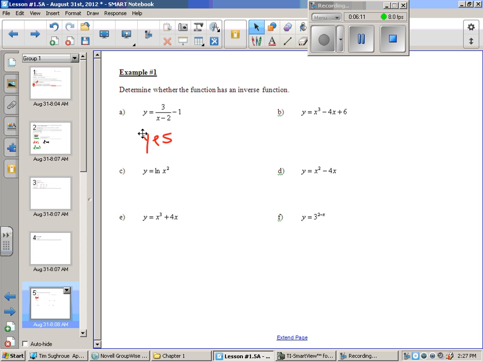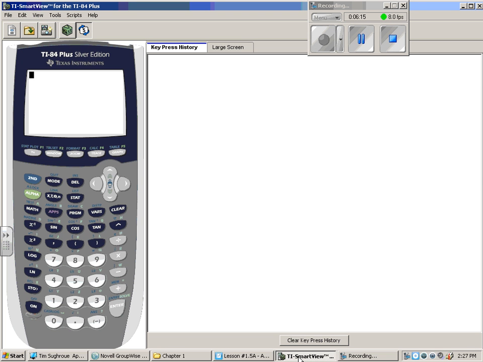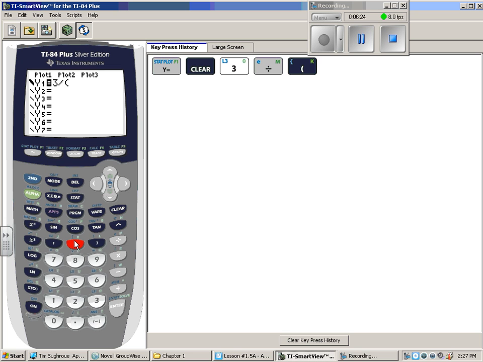If we want, we can type it in. It's 3 over x minus 2, minus 1. So if we type it in, y equals 3 divided by parentheses x minus 2, close the parentheses, and subtract 1.